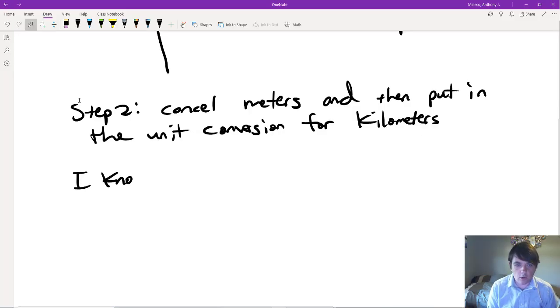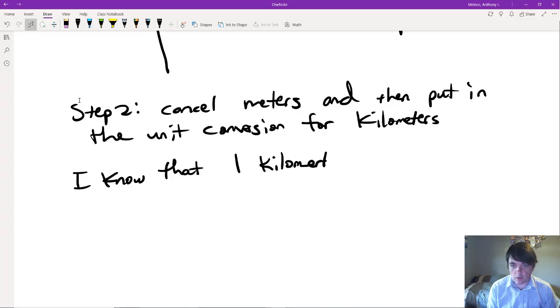I know, or have memorized or have looked up, that 1 kilometer is 1,000 meters.